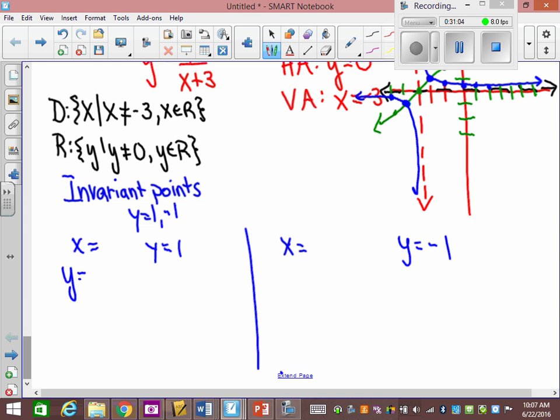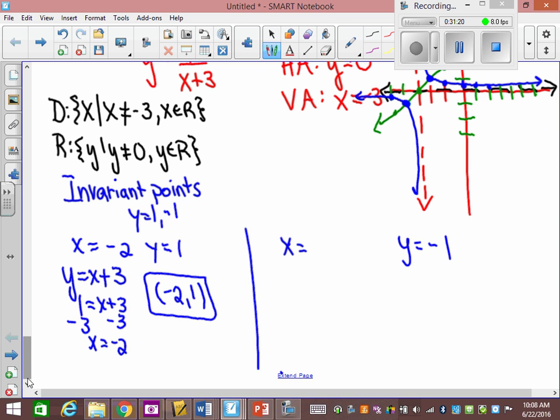The original equation is y equals x plus 3. So y is 1. 1 equals x plus 3. Subtract 3. X equals -2. So your one invariant point is at -2 and 1. Then for this one, you're going to go y equals x plus 3, but instead of putting in a positive 1, you're going to put in a -1. -1 equals x plus 3.